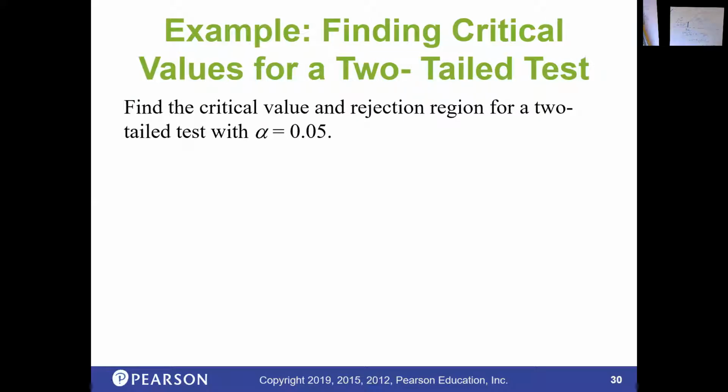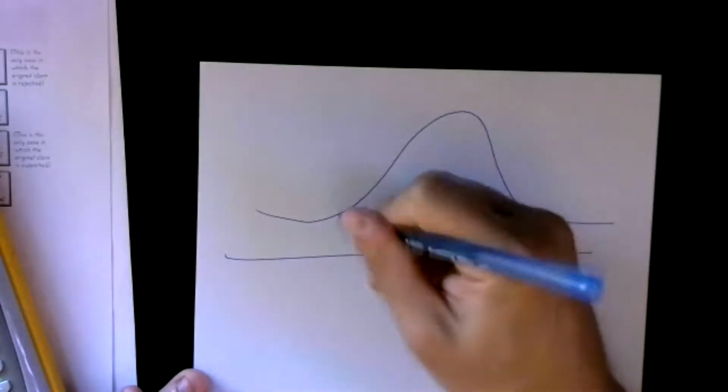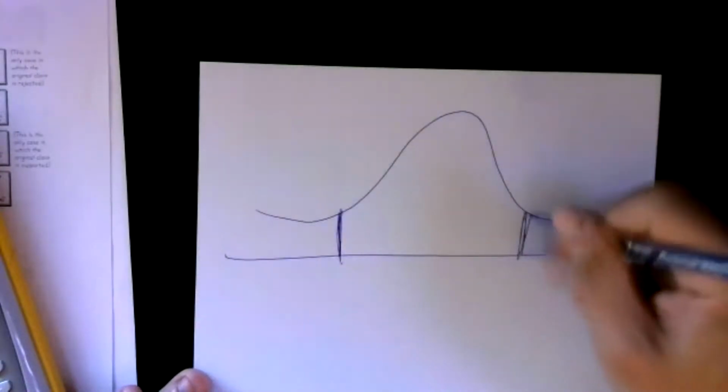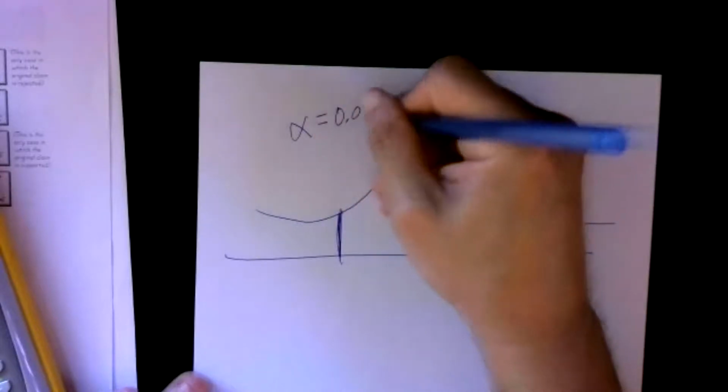Now in this next example, find the critical value and rejection region for a two-tailed test with alpha equal to 0.05. So as usual, start with your picture. Two-tailed test. Alpha is 0.05.